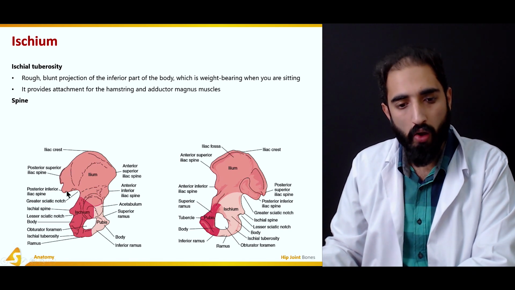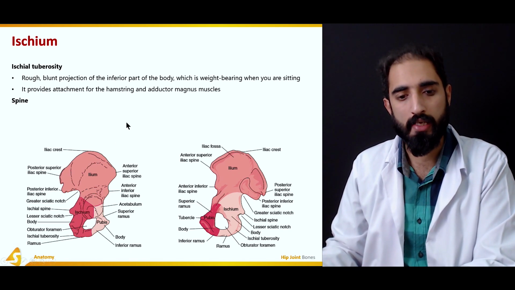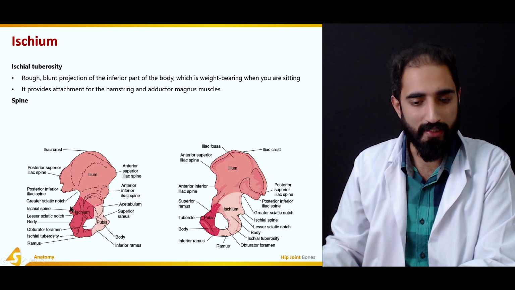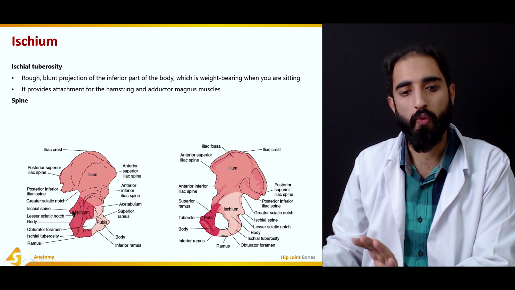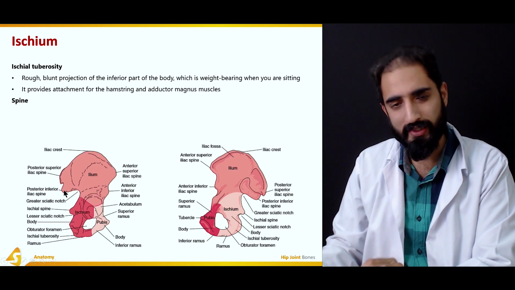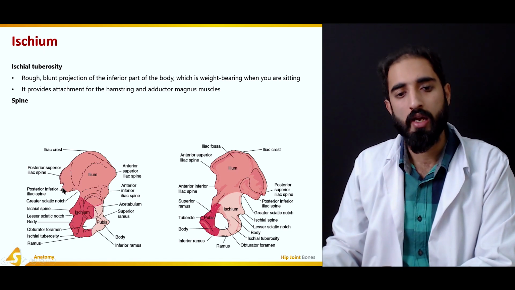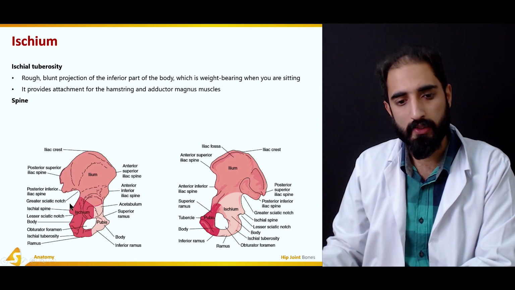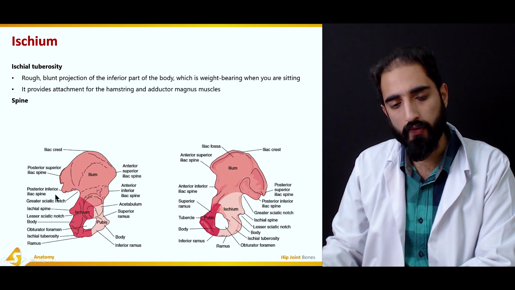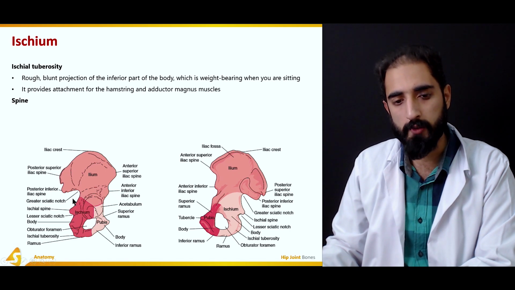Moreover, it also has a structure which is known as the spine of the ischium, or ischial spine. Now this here is the ischial spine. Some people confuse it with the posterior inferior iliac spine. So this is the posterior inferior iliac spine, which is just below the posterior superior iliac spine, but the ischial spine is pretty much down as compared to the posterior inferior iliac spine because it is the structure which differentiates between the greater sciatic notch and lesser sciatic notch.